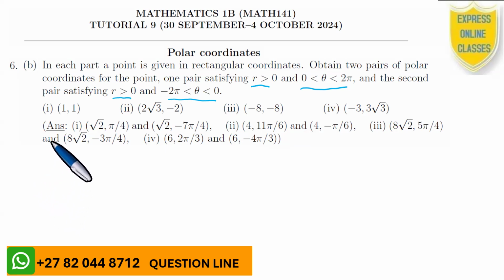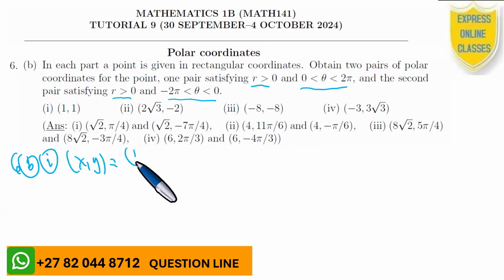If you look at 6b, first Roman figure, you have been given in rectangular coordinates x and y. So where is that point? That point is somewhere here.